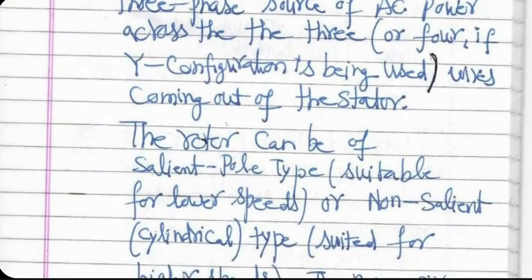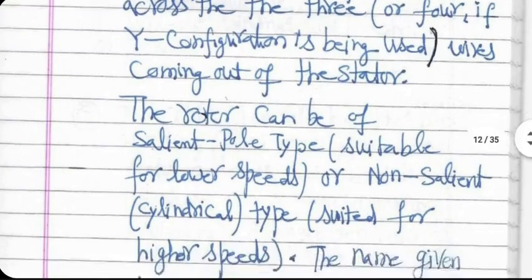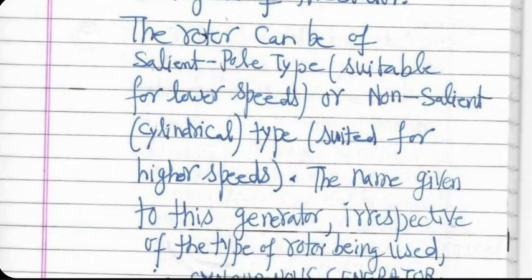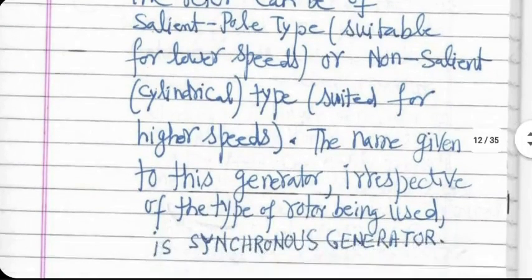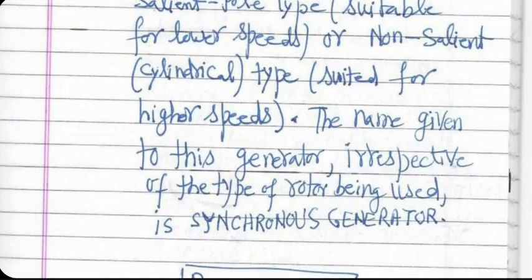That means physical poles are visible to you, which is preferred for lower speeds, or non-salient type, where poles are electromagnetically simulated on the rotor. And non-salient type is also known as cylindrical. This generator is known as synchronous generator or alternator.